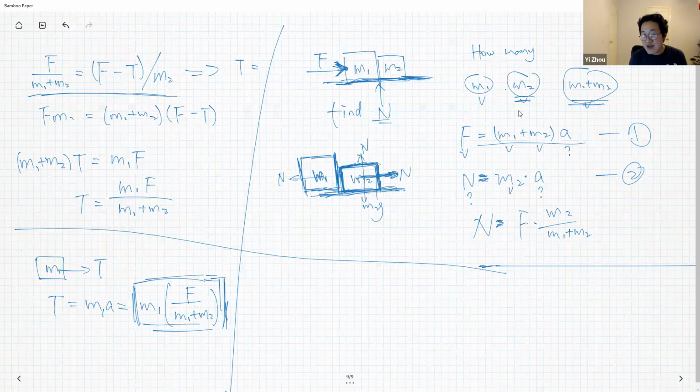If we study M1 plus M2, we get this equation. If we study M2, we get this equation. If we study M1, we'll get an equation similar to this one. But these three equations are redundant, because from two of the equations you can get the third one. So we only need to study two of them.